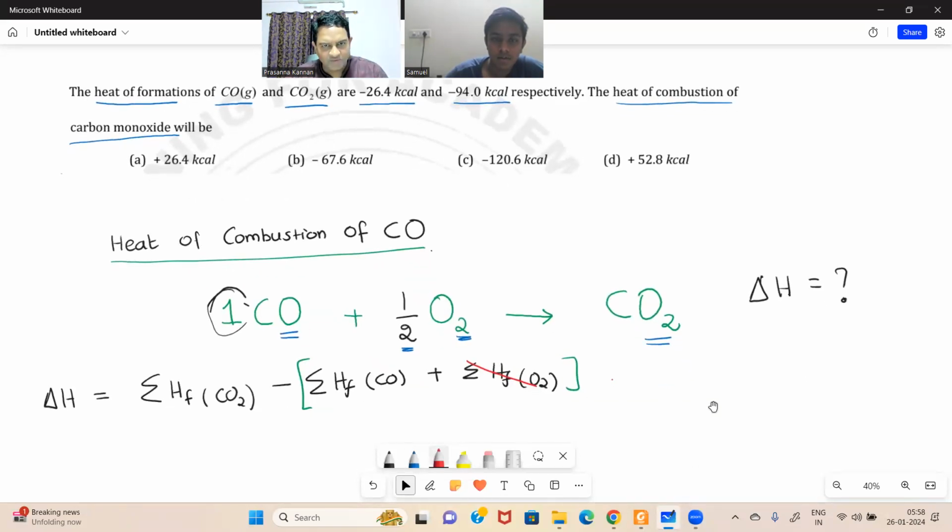So it becomes a very, very simple question now. Enthalpy of formation of carbon dioxide, what is it? It's given: minus 94 kilocalories. You just need to plug in that value. So minus 94.0, that's 94 only, kilocalorie, minus the enthalpy of formation of carbon monoxide, which is minus 26.4 kilocalories.